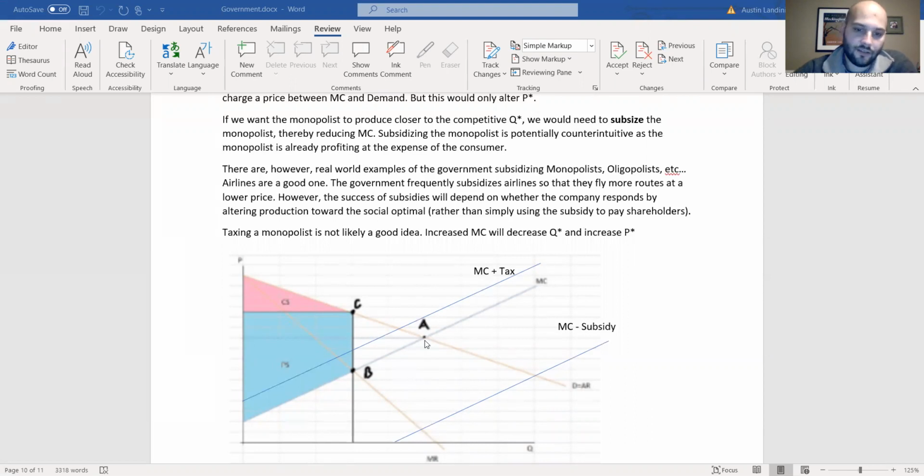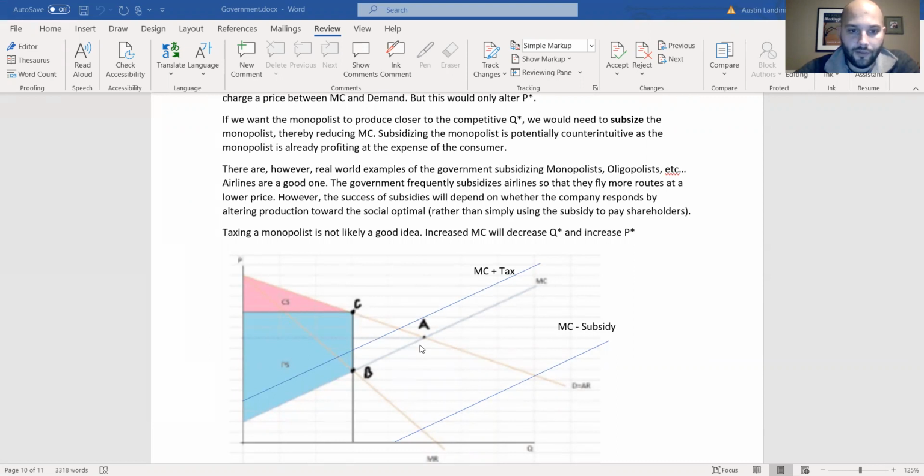So again, maybe the theory is counterintuitive because monopolists are making lots of profit, reducing consumer surplus, but there are real world examples of the government subsidizing monopolists or oligopolists where we have deadweight loss. One example would be that the government frequently subsidizes airlines so that they fly more routes and they charge a lower price.